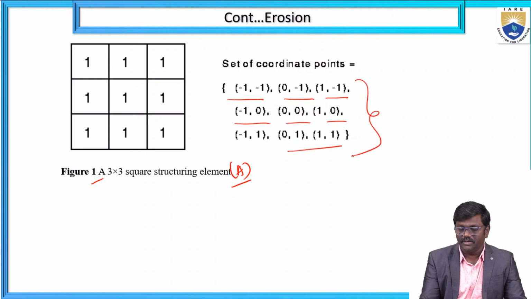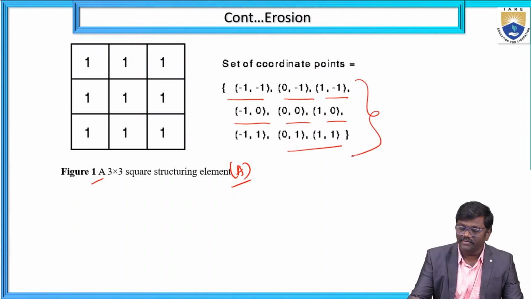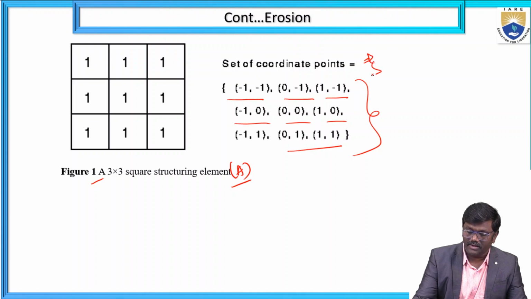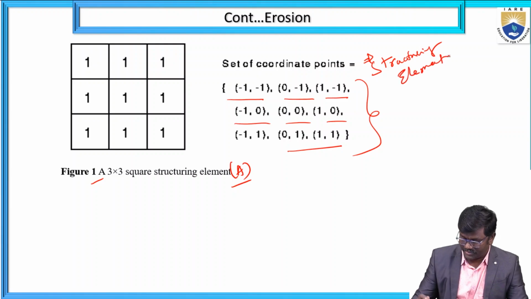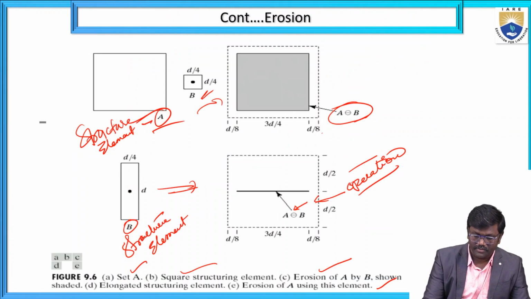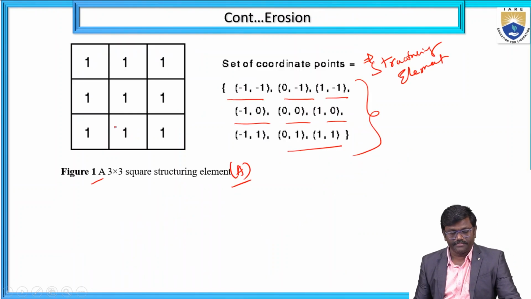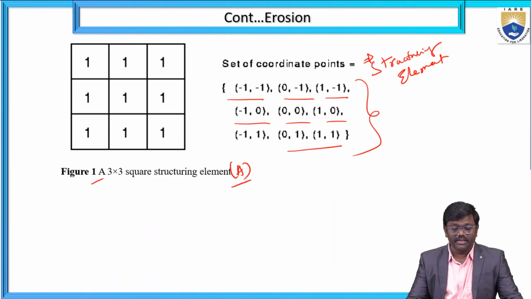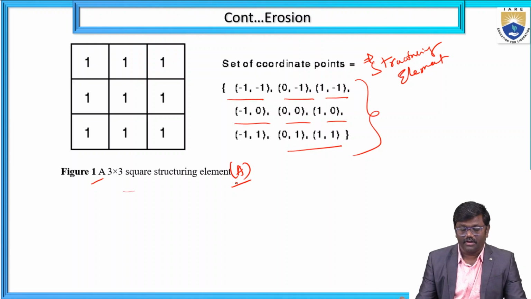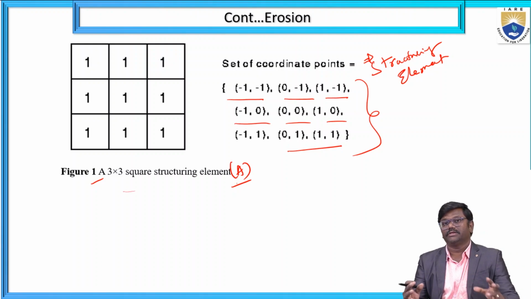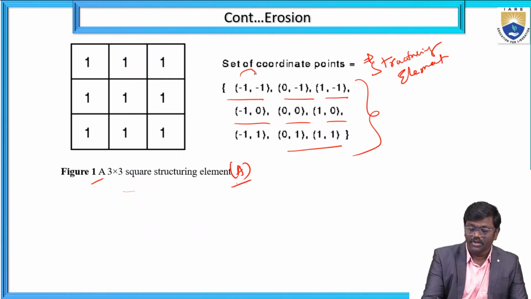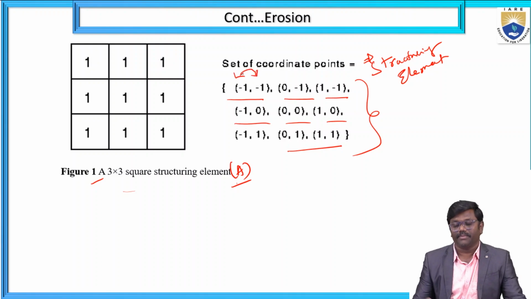Such a set of coordinate points is kept in view of the structuring element. Such a structuring element is used in the erosion operation. The relation of each and every pixel to the others is kept in terms of neighborhood.